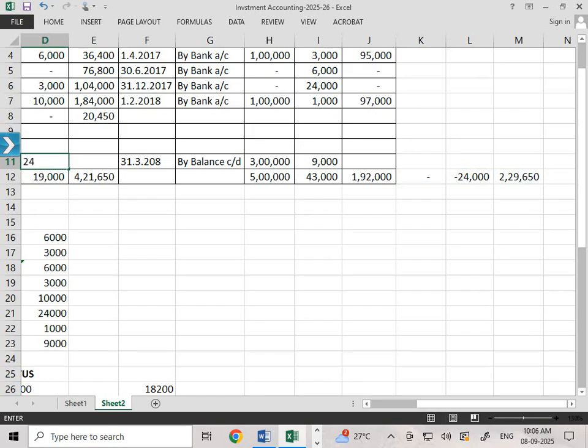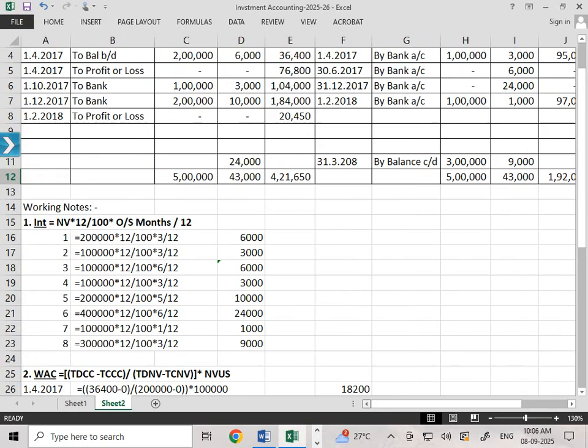So I will write 24,000 over here. And this interest will be transferred to profit and loss account. Finally, this interest on 31st March 2018 transferred to profit and loss account.